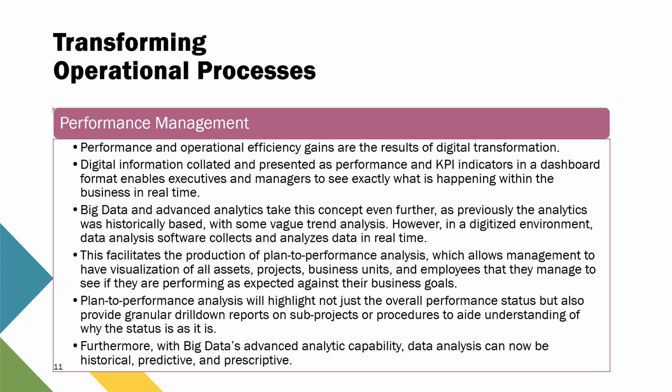The last step in the transformation of the operational process is performance management. When we transform our factory or industry towards digital transformation, we will be able to get timely reports on production.